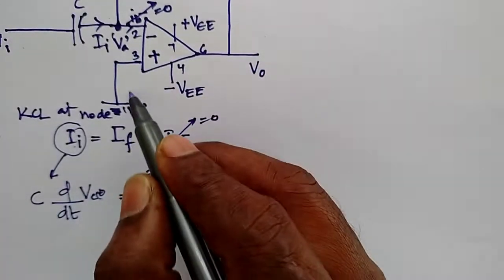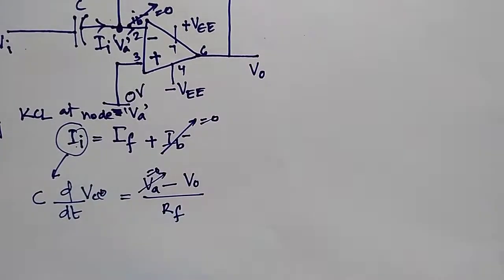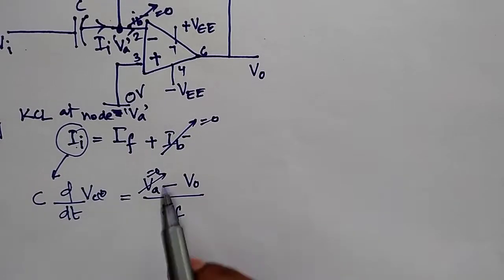From this expression, the VA value is 0, because due to virtual ground this positive terminal voltage is 0, and the same voltage appears at VA.